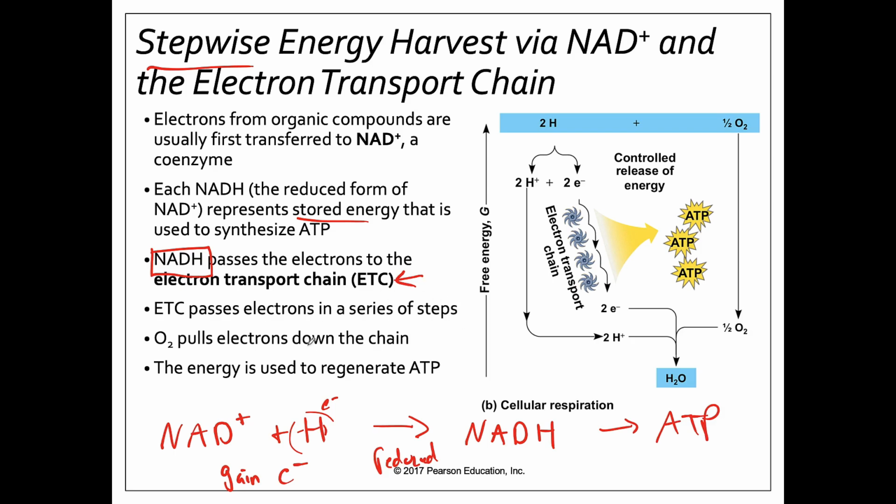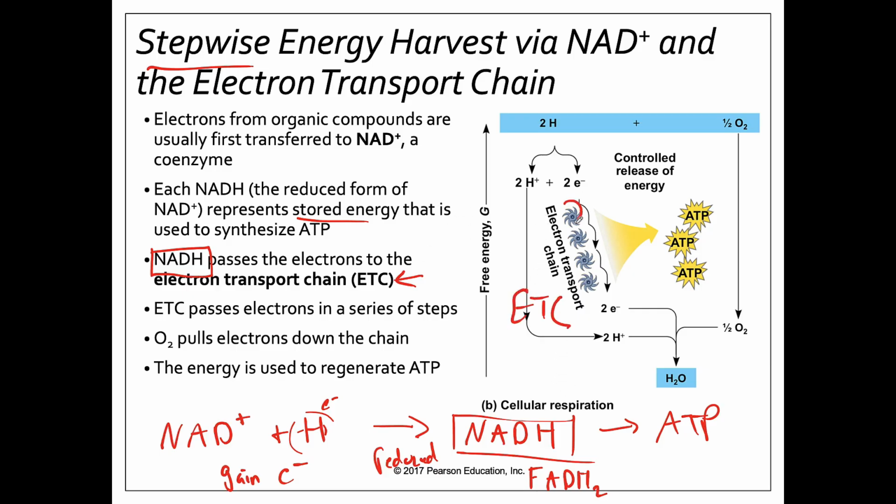So you're going to see in the very first two steps, glycolysis and the citric acid cycle, we don't make a lot of ATP. We're going to make some, but we're going to make a lot of these energy molecules, NADH. And then there's another one that's similar called FADH2, which we'll make some of. In the very last step of cellular respiration, we're going to reach something called the electron transport chain.